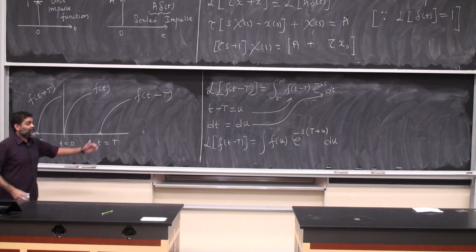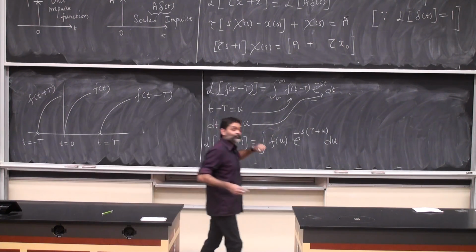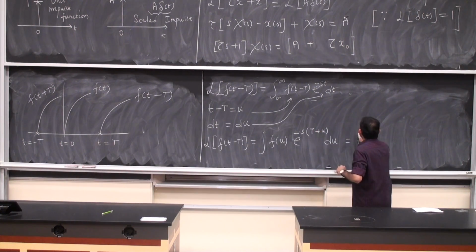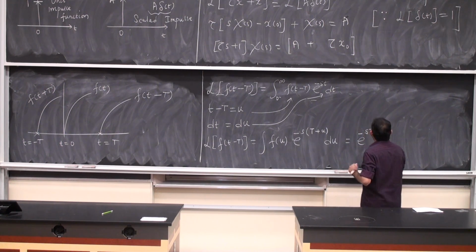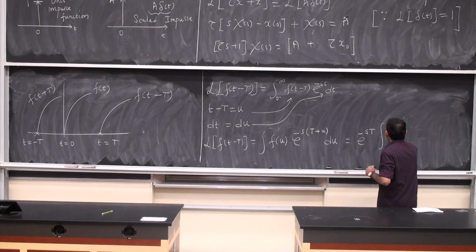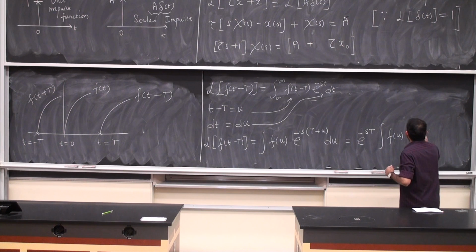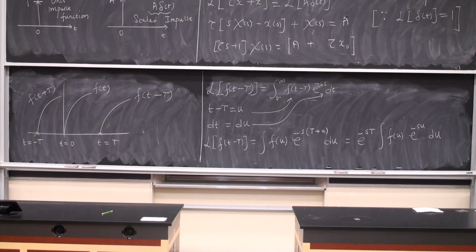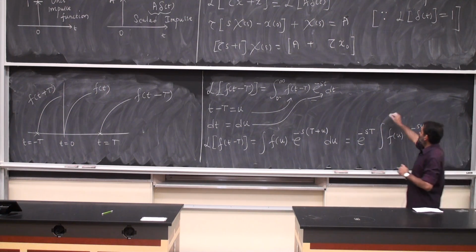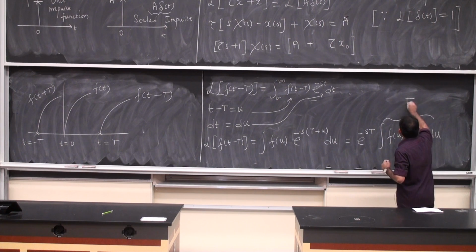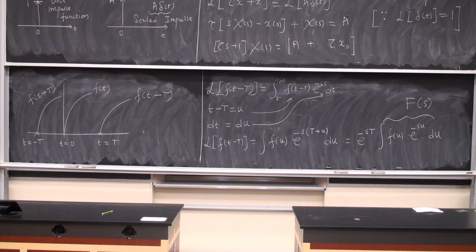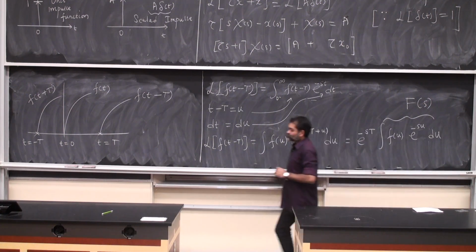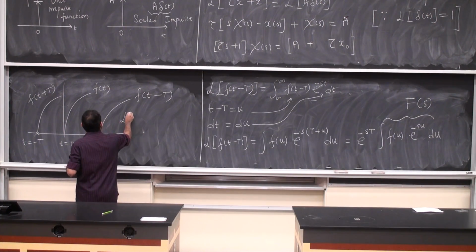Keep going further, I can take e to the power minus s times T out, and so this is f of u e to the power minus s times u du, which by definition is F of s.